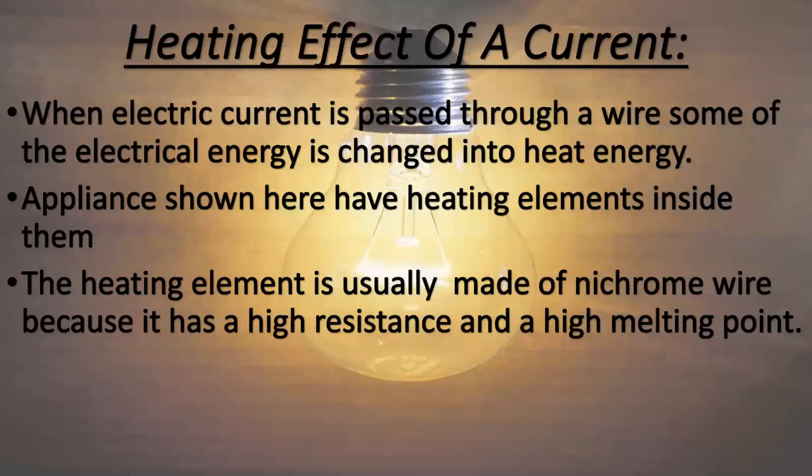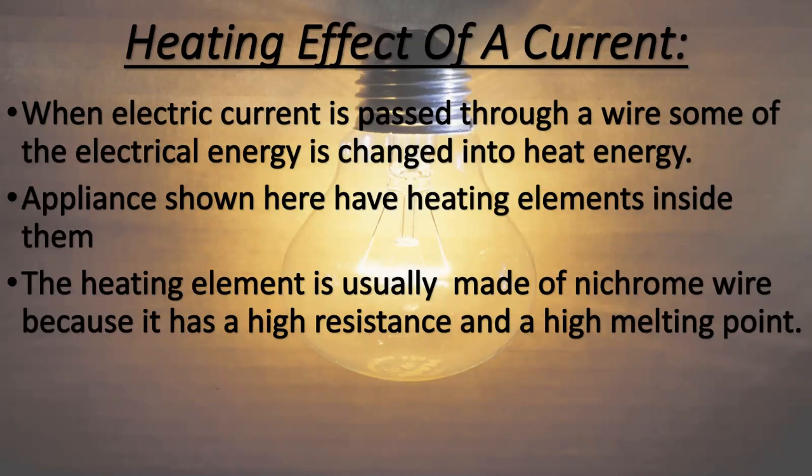Now, on your screen you can see heating effect of an electric current. Whenever electric current is used in any electrical gadget, they become heaters because they produce a heating effect. Clear? When electric current is passed through a wire, some of the electrical energy is changed into heat energy.